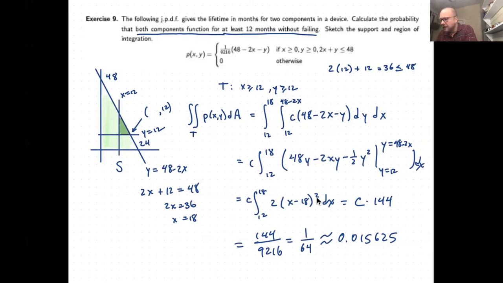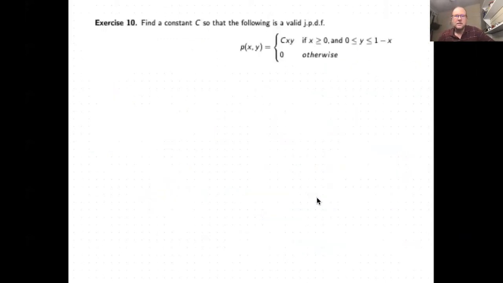I left a blank page here, thinking I might need some more room to do the work, but then I didn't do it all by hand. I just went ahead and let the machine do it for me. All right, so this exercise 10 here is something that a lot of your authors' exercises will end up doing, of asking you to find a constant so that you make this into a valid joint probability density function.